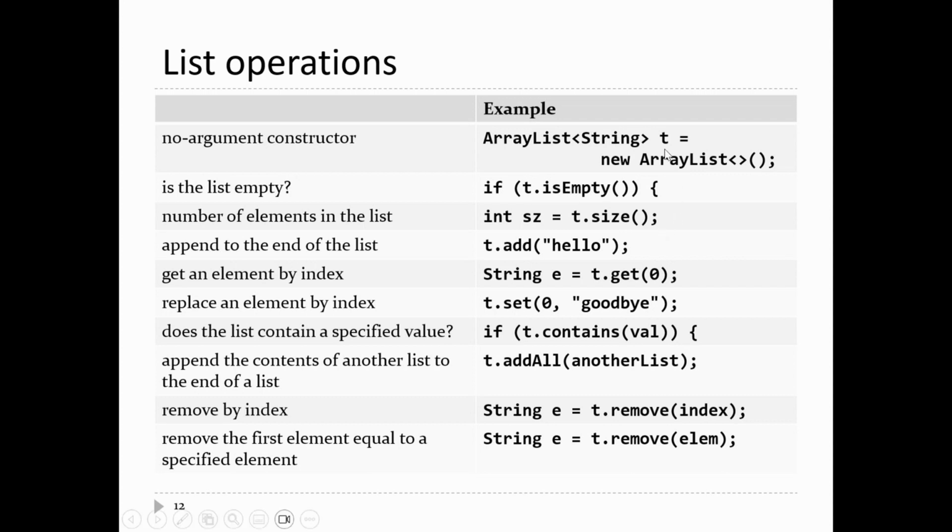So they'll make an empty list, and then they'll write t.set(0, "goodbye") and hope that it'll work. It doesn't work. Set sets an existing element. So if you have an empty list, there is no element at index 0. So that barfs. If you want to add an element to a list, it's add. If you want to replace an element in a list using an index, that's set.